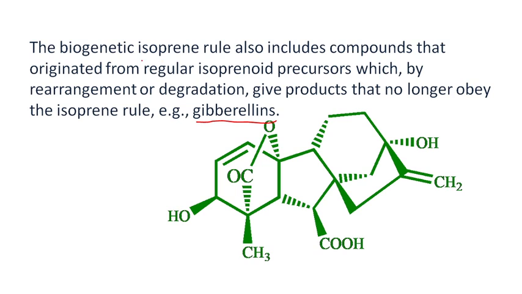It states that the terpenoids are formed from biogenetic isoprene units through various intermediates like geraniol, farnesol, squalene. And that is the statement of the biogenetic isoprene rule. So it includes various terpenoids, including compounds like gibberellins, where it is very difficult to identify the head to tail attachment. So this was all about the introduction to terpenes and the isoprene rule.